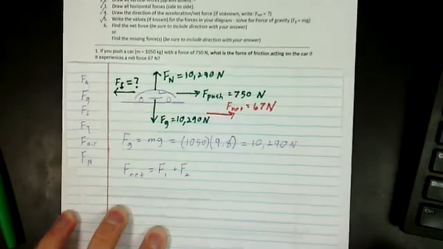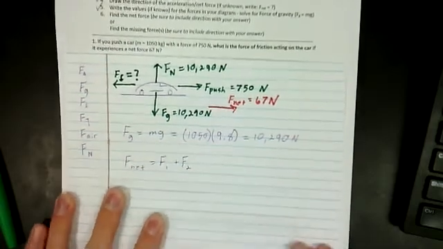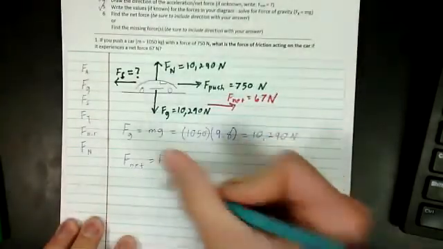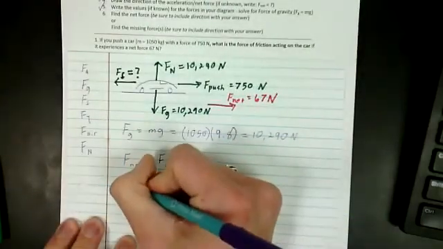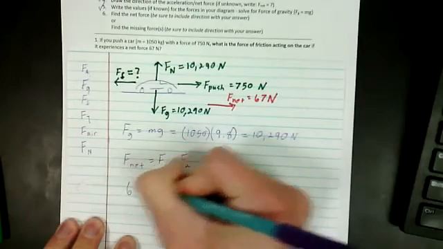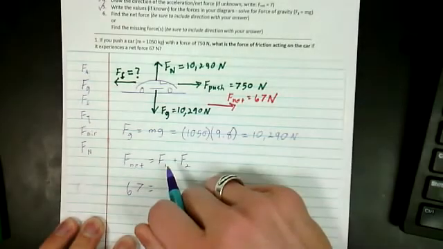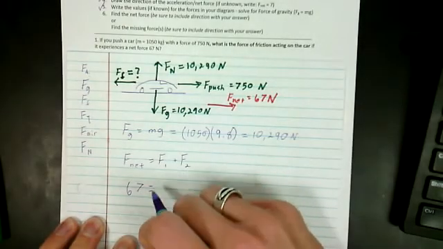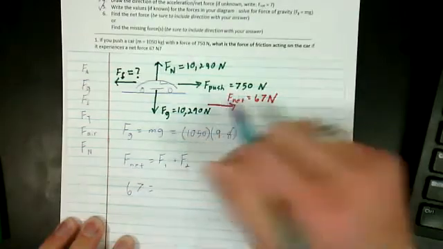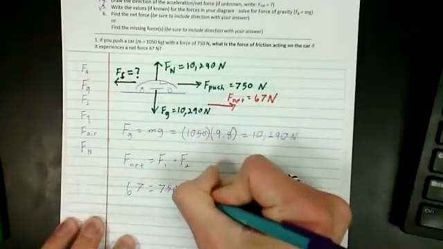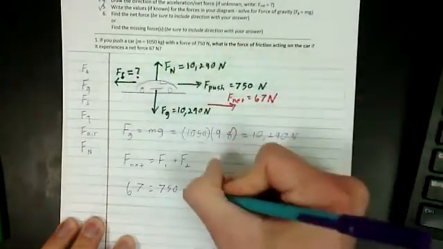Okay, so now that I've got that, I'm going to go ahead and plug my numbers in here. My net force was given, it's 67. My F1 is going to be my first force in that direction, which is the push force, 750, plus my other force, which is friction.